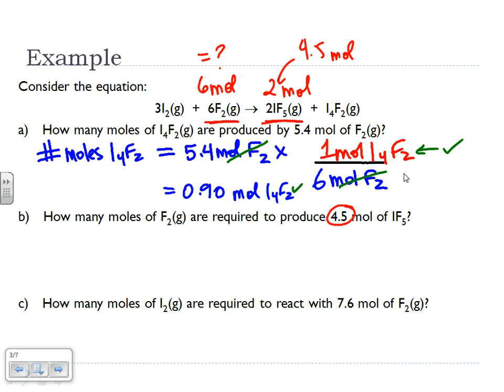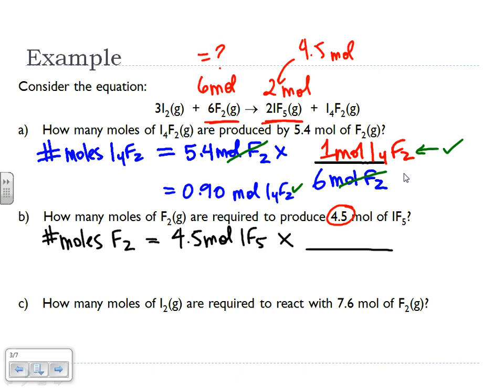So again, if I set this up with a conversion factor, I'm going to have the number of moles. In this case, I'm asking you to find the number of moles of F2. That's going to equal what's given to me in the question, 4.5 moles of IF5. And I'm going to multiply that by a conversion factor. So here again, let's color code this a little bit.